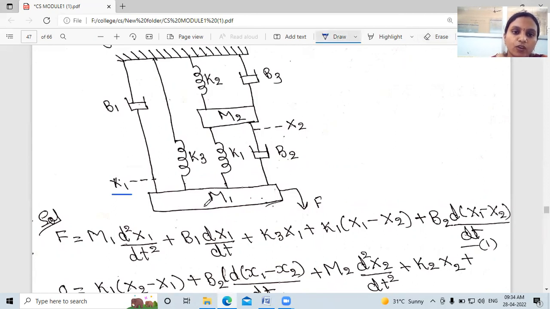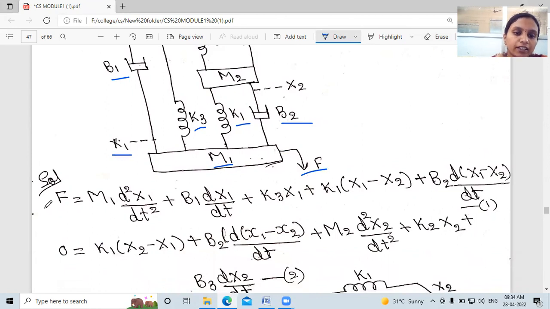For X1, how many connections are there? M1 is connected, K3 is connected, K1 is related, and B2, and also F and B1. K1 is between X2 and X1, B2 also between X2 and X1.